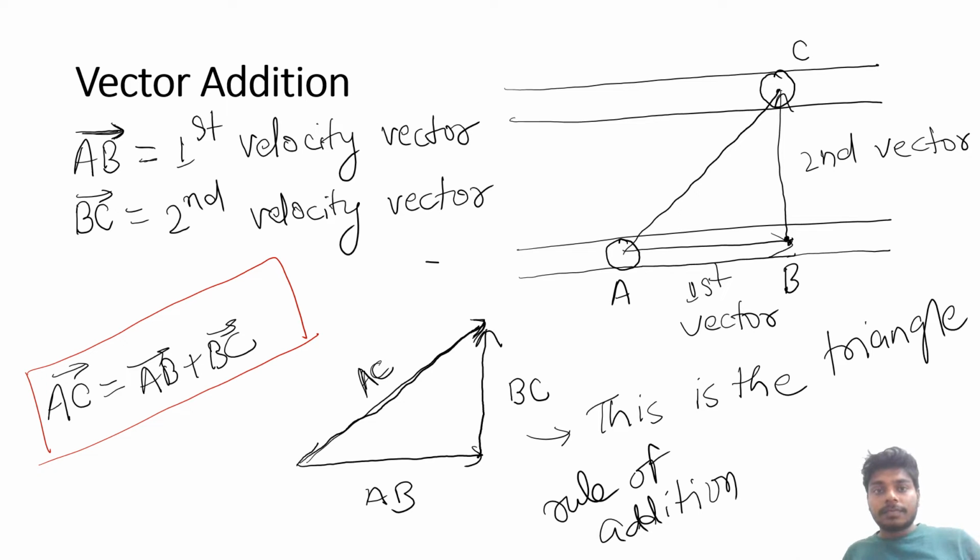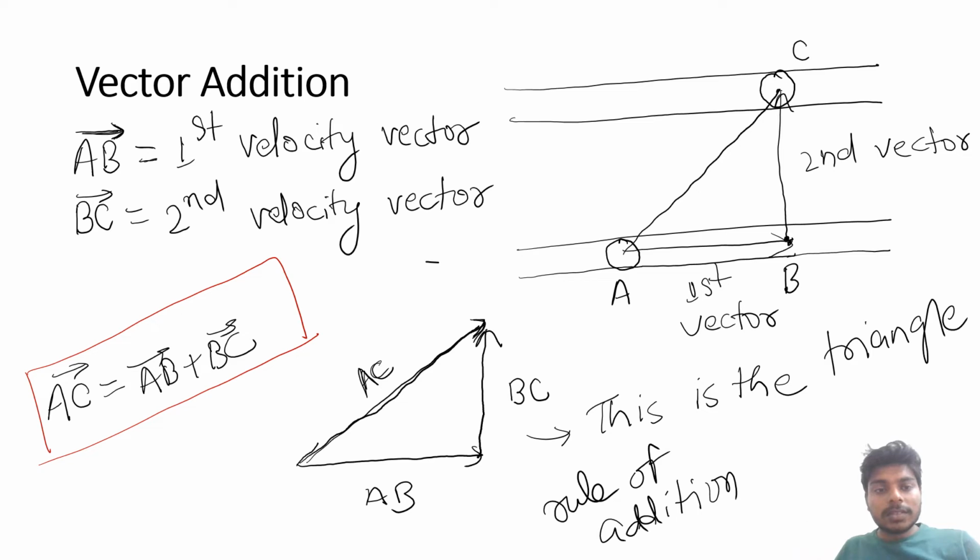Okay, let's go to the next slide. Hope you understand this vector addition. Vector addition cannot be done by scalar addition, the simple algebraic addition that we have been doing since childhood. This is different.